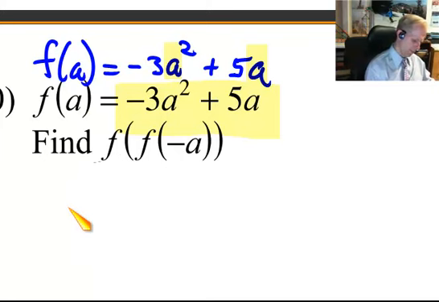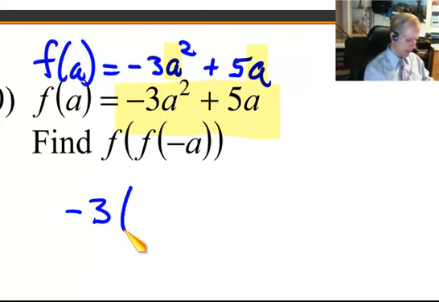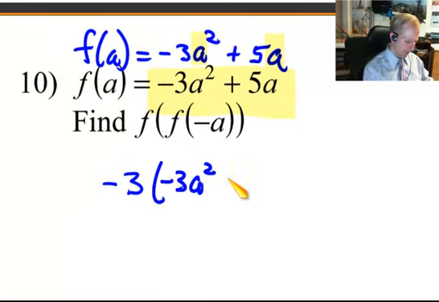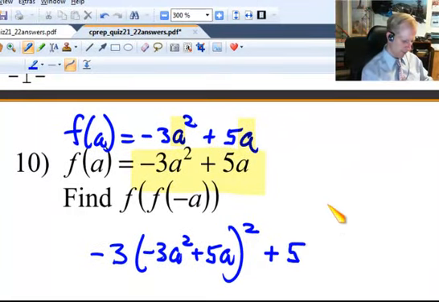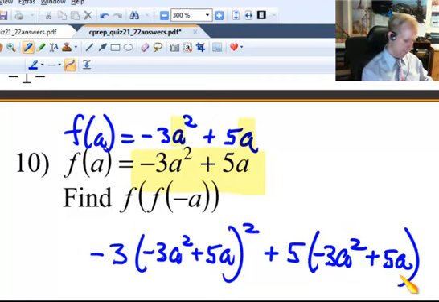It's what you need to do. So I get -3, and now instead of a squared, I have -3a squared plus 5a squared, and then plus 5, and then instead of a, I have -3a squared plus 5a.